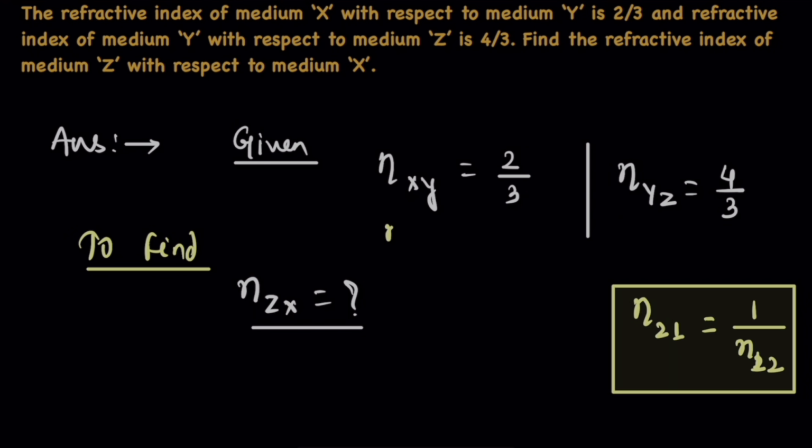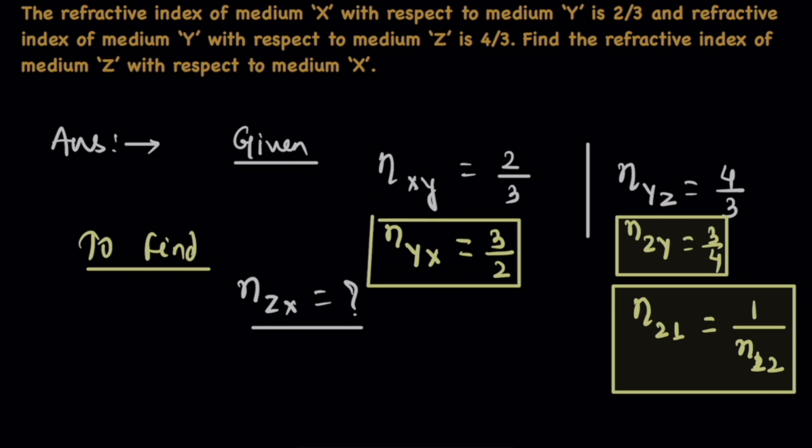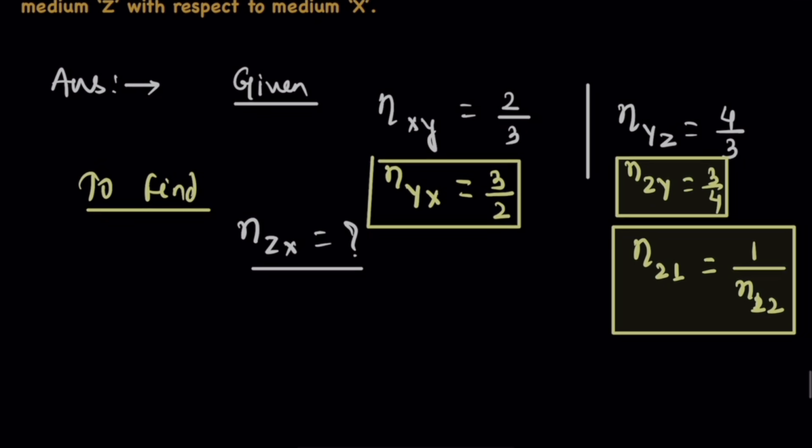So we can say that NYX will be equal to 3 by 2. Similarly, NZY is equal to 3 by 4. So now here NZX can be written as absolute refractive index of medium Z by absolute refractive index of medium X.